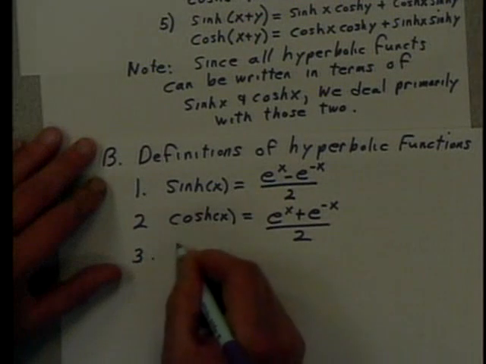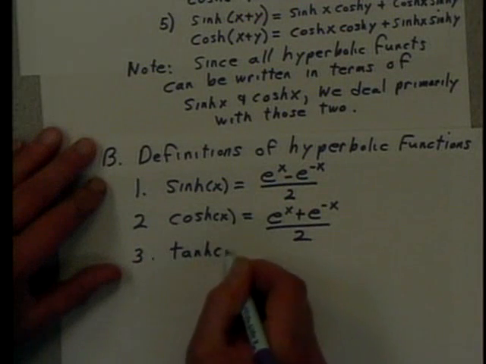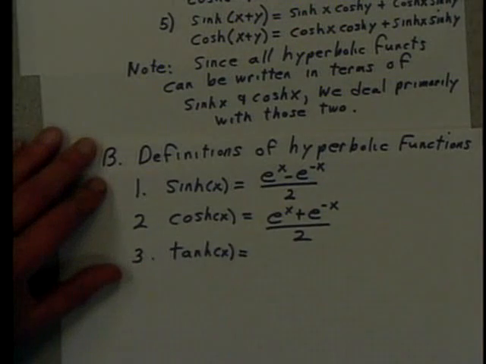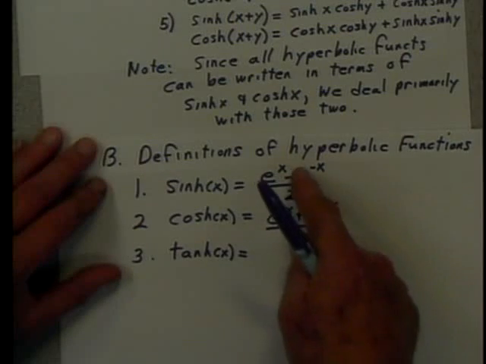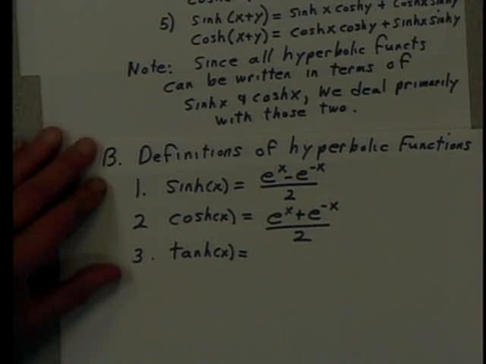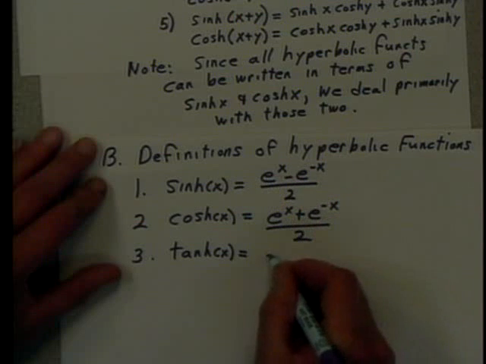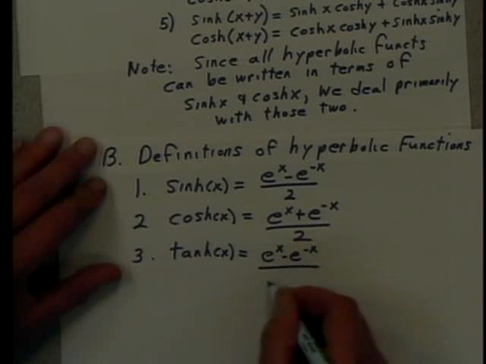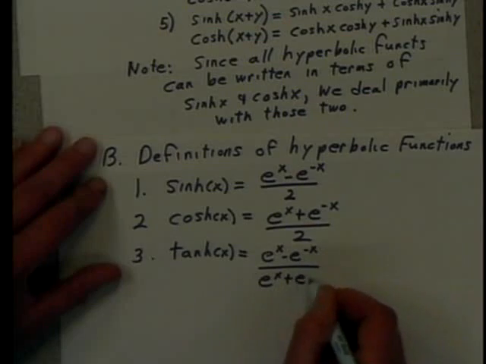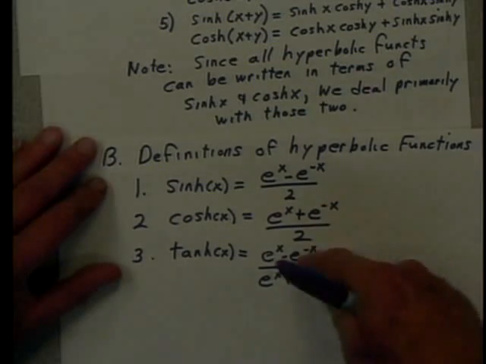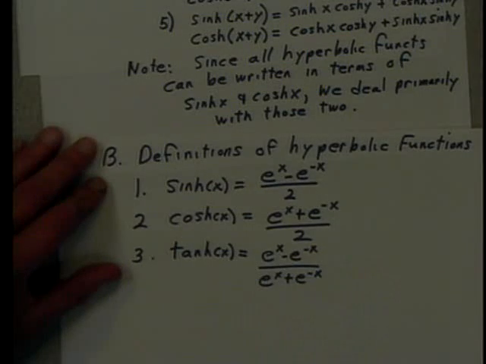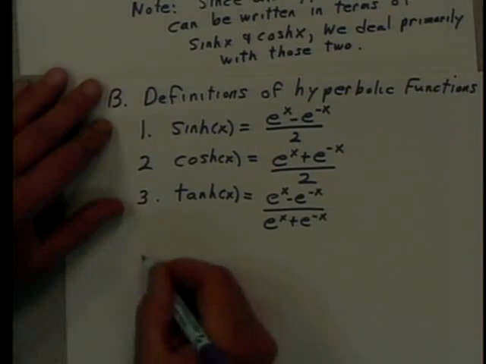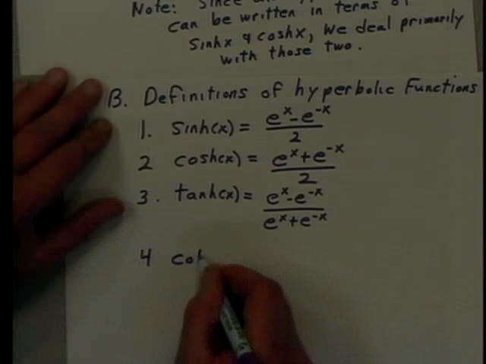Well then, what is tanh? Well now, if you have the first two, couldn't you figure out all the rest? Because if you do sinh over cosh, what's going to happen? Can you just look at it and see it in your head? The 2's will cancel because when you divide, you multiply by the reciprocal. Well, once you have tanh, I guess coth is easy.